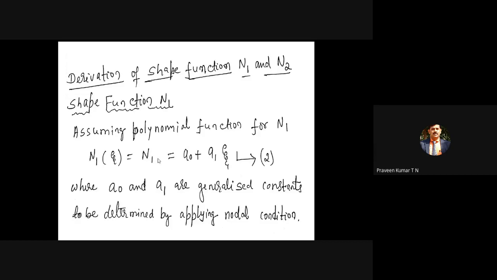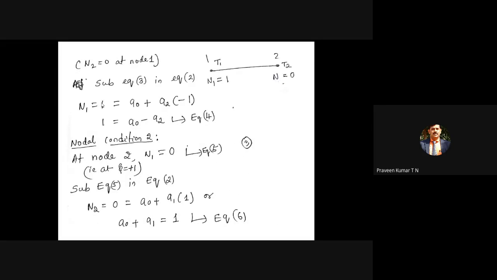That means we have 1 is equal to a0 plus a1 into minus 1. The same thing is shown here. You can see N1 value is 1 at node 1, and at the corresponding node the xi value is minus 1. That is why a1 into xi is replaced by minus 1. Finally, we get 1 is equal to a0 minus a1. That is one boundary equation, equation 4.